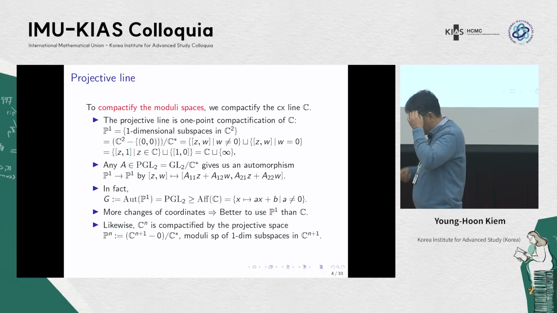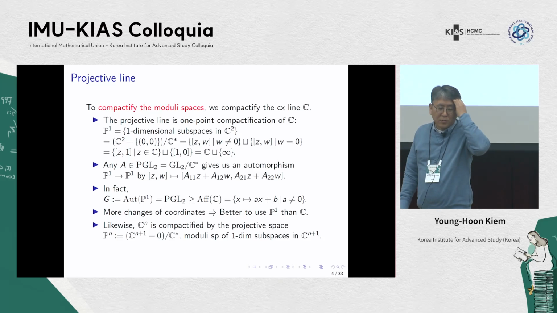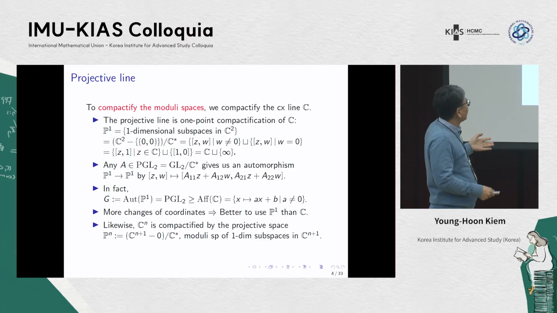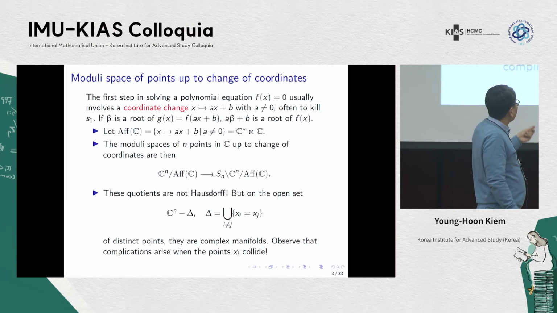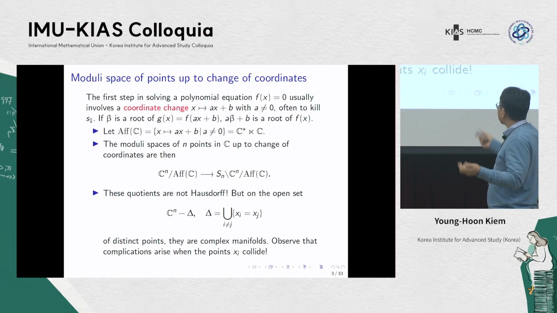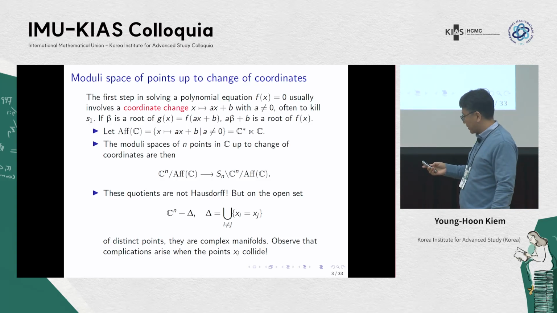Okay, so let's think about another moduli problem. What's not satisfactory in the previous problem was that this space C^n is not compact, and also the quotient of C^n by the affine group is not compact.